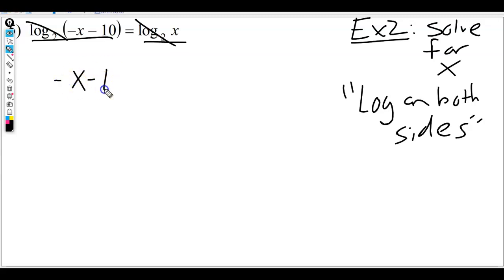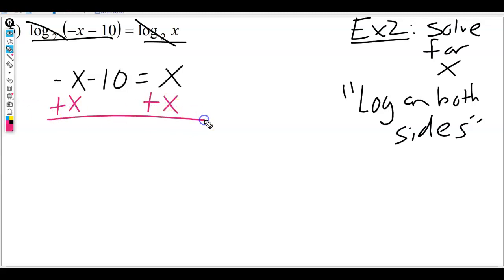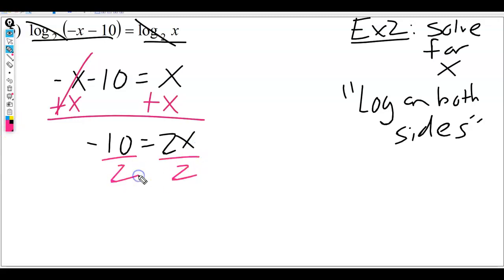And once you've done that, you're left with a pretty basic equation that we've learned how to solve since Algebra 1. So let's go ahead and solve it now, just using our Algebra 1 skills here a little bit. We're going to start by adding the x to both sides to cancel that one out, right? And that's going to leave me with -10 equals x plus x is 2x. Divide both sides by 2. And that leaves me with -5 equals x.